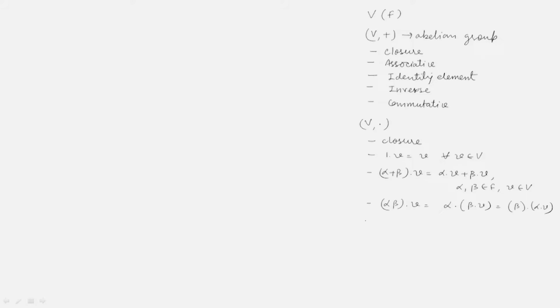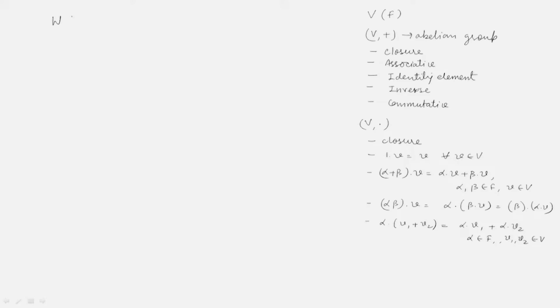And next is alpha dot (v1 plus v2) must be equal to alpha dot v1 plus alpha dot v2, for all alpha in the field and for all v1, v2 in the vector space V. So, if these properties hold with respect to addition and scalar multiplication, then we say that V is a vector space over the field F.